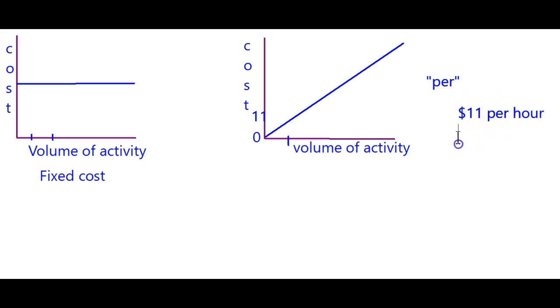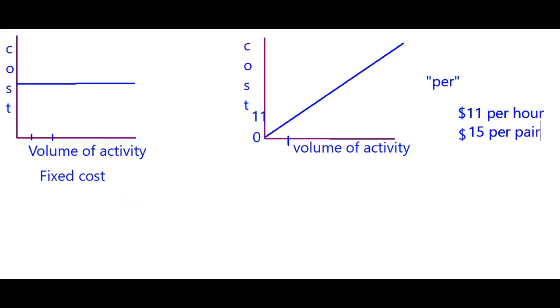If I am buying something like tires for my bicycle, it'd be $15 per pair. The word per means that's a variable cost.